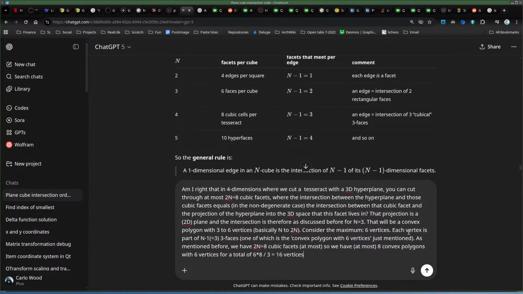Vertices of the resulting... now we have to use the word polyhedron, I think.